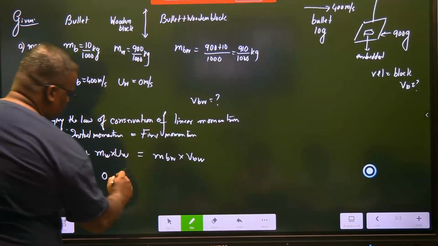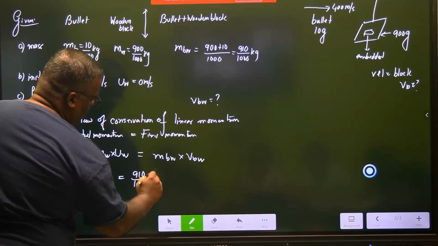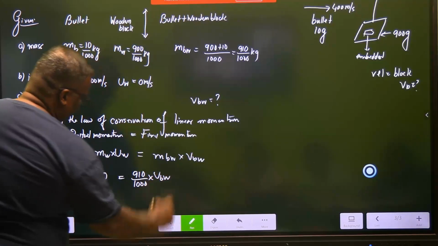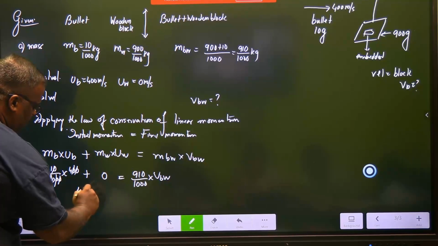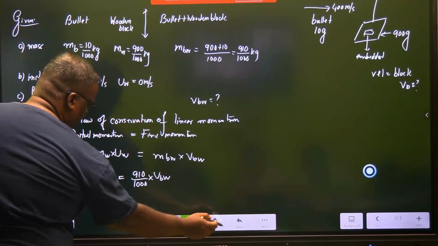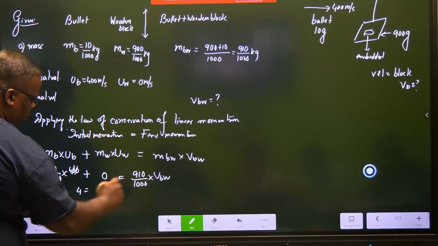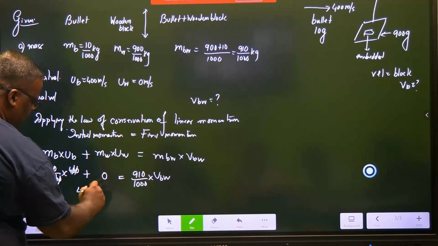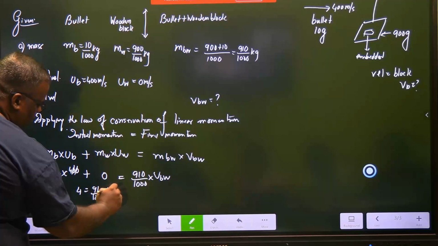This is equal to 910 by 1000 into VBW. So 1 more. So this is 4 plus 0. No point in writing the 0. 4 is equal to how much? 91 by 100 VBW.